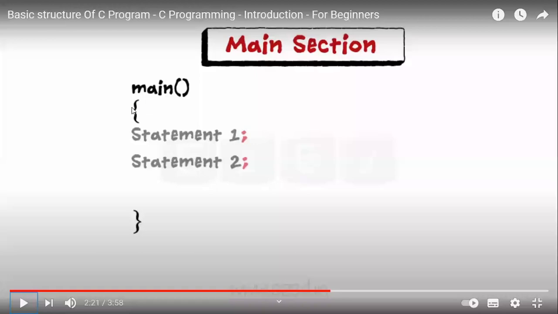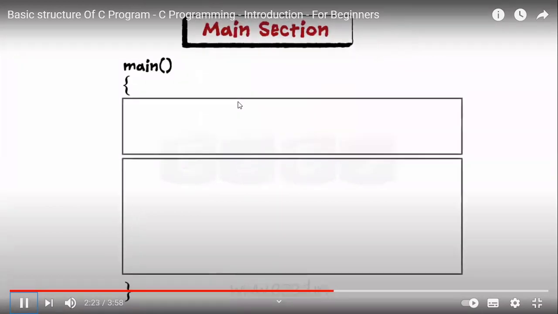Here we are using braces: open brace, close brace, curly braces. In mathematics we use the first bracket, but here we don't. We will use parenthesis: left parenthesis, right parenthesis. Remember it.